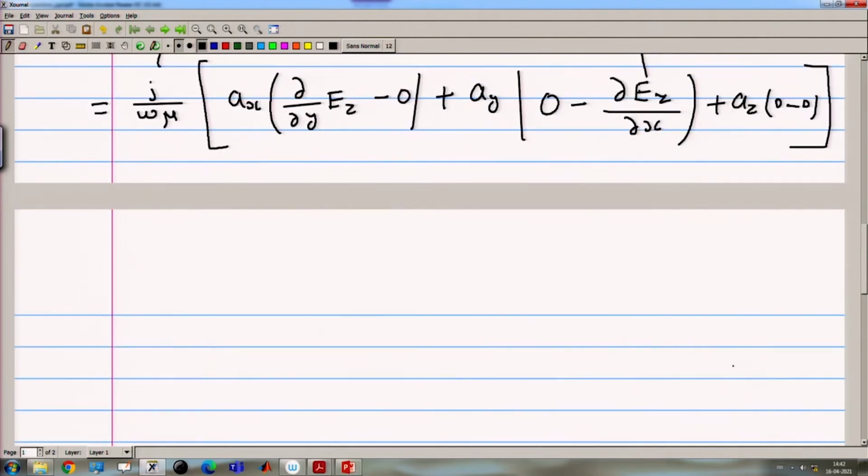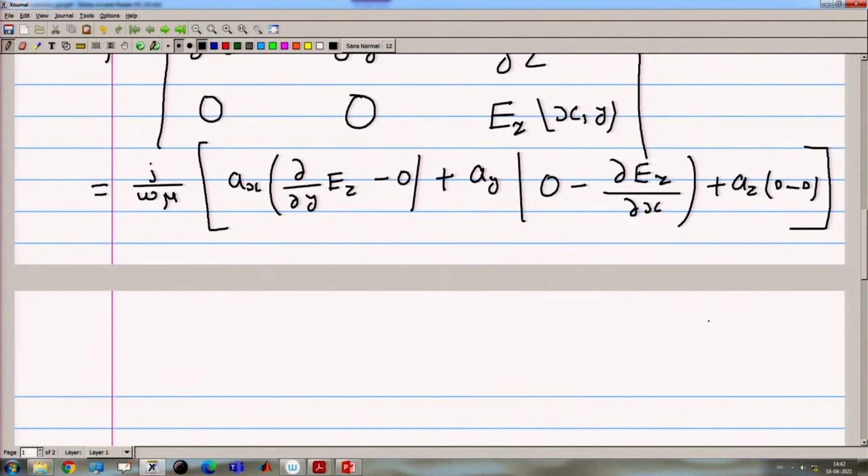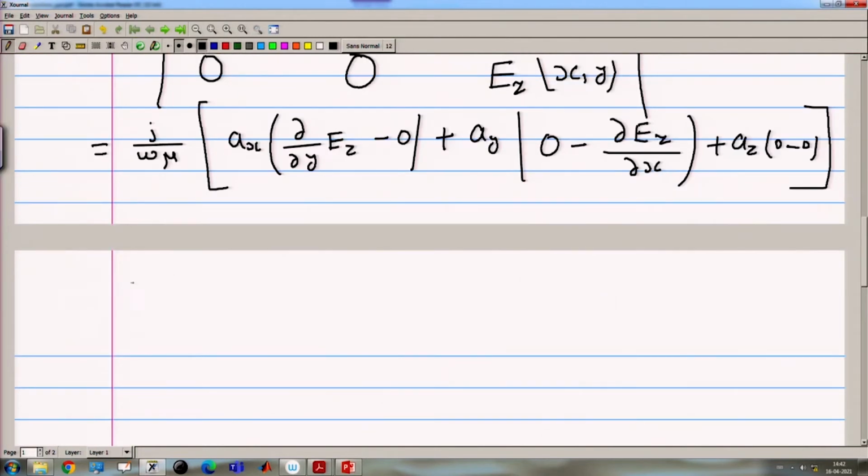This will be equal to, and we can calculate j by omega mu. So, j by omega mu, and omega we know. So, this will be j divided by omega mu.